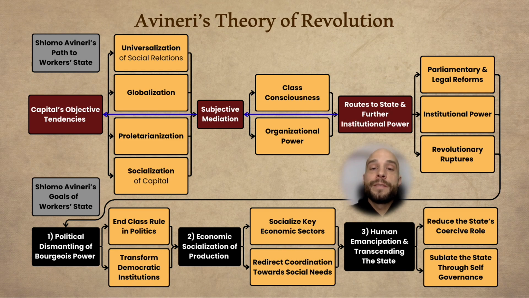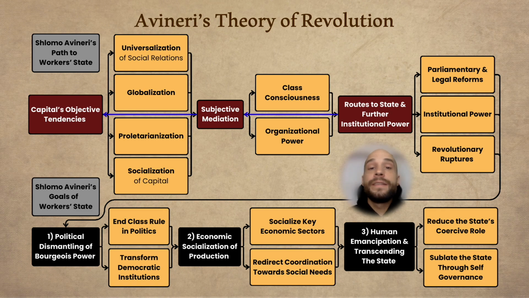Third, human emancipation and the self-transcendence of the state. As democratic control spreads across social life, the state loses its character as a power standing over society. Authority is absorbed into collective self-governance. The coercive state withers not by decree, but because it becomes unnecessary.